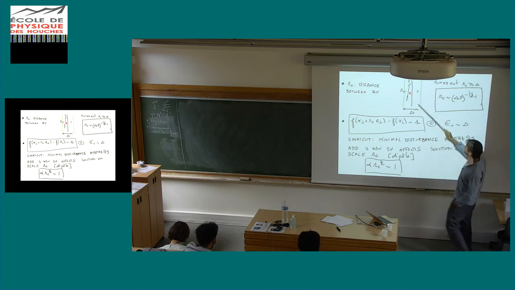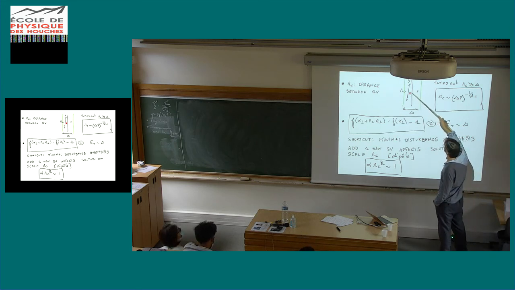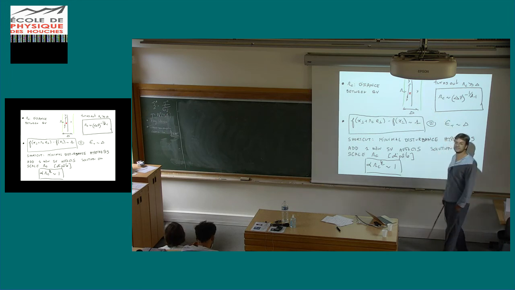And the minimal thing you can do, if you add something here, the function will have to change by something of order 1. Not to have an effect at a distance, what you can do is a dipole. You look at the neighbors there, and you remove some charge here and add some charge there to lower the effect of this guy.